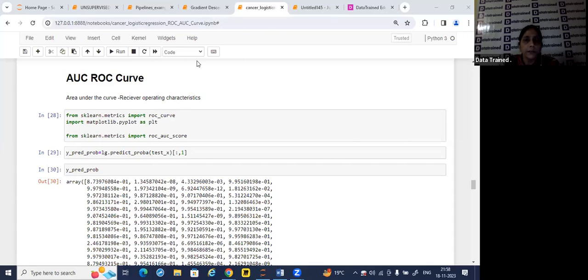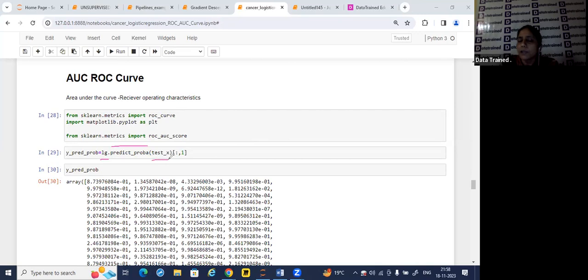For the values here, I'm just calling the logistic regression predict_proba function. So I'm taking lg.predict_proba. Predict probability is one of the functions which will create certain probabilities.